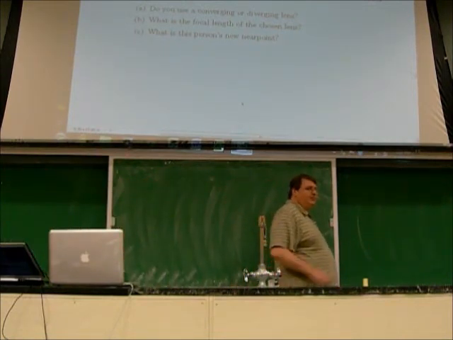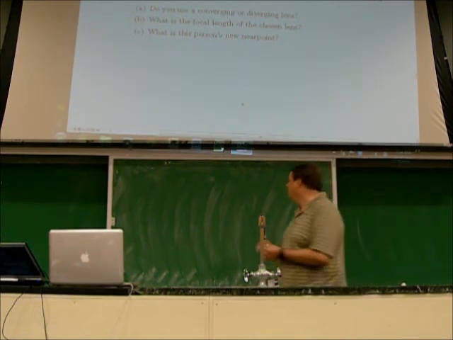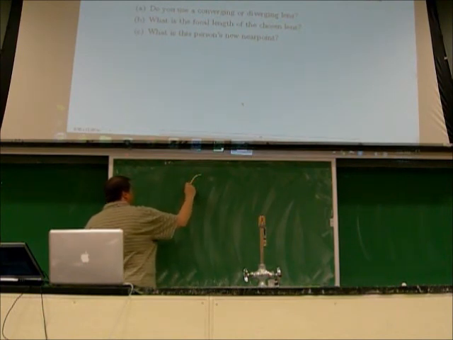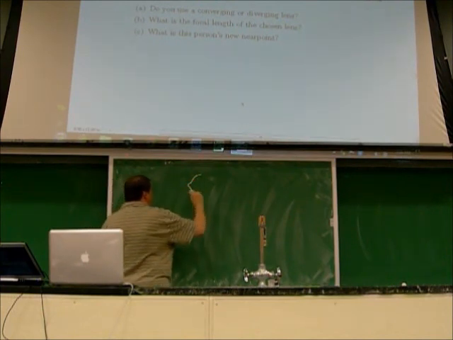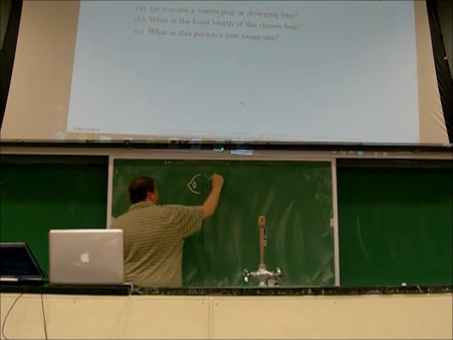For this person, what are they, nearsighted or farsighted? Nearsighted. So, here's the eyeball with the cornea that does most of the focusing. The lens is behind it. The retina is back here. Oh man, I can't see it.